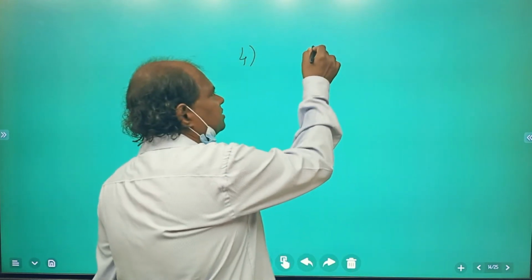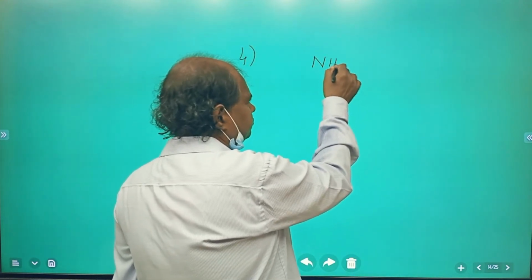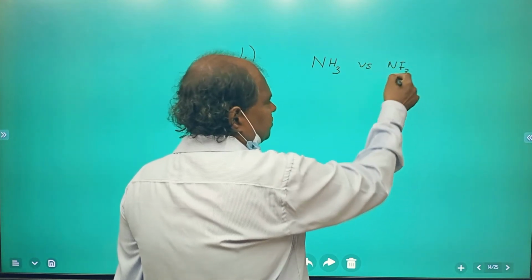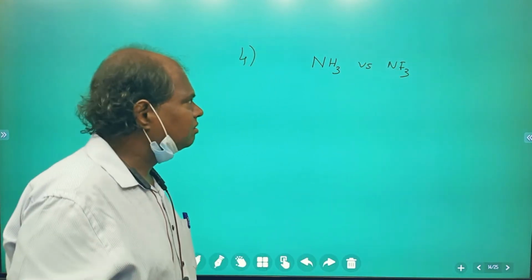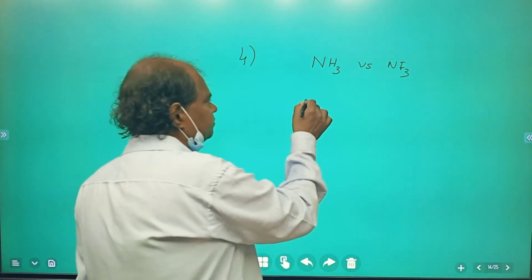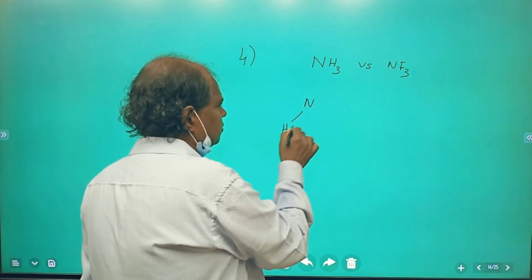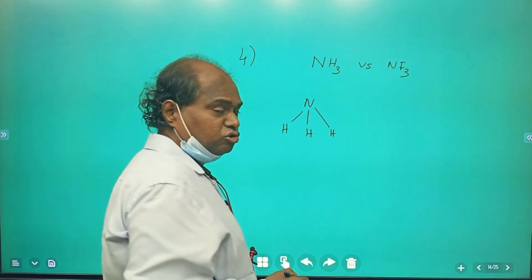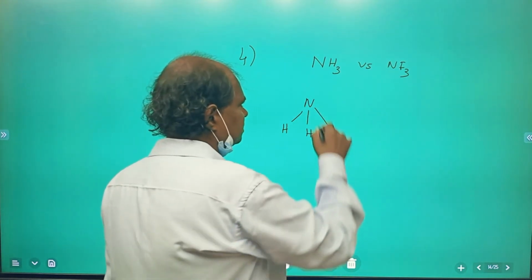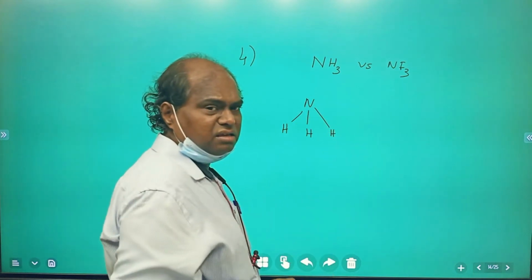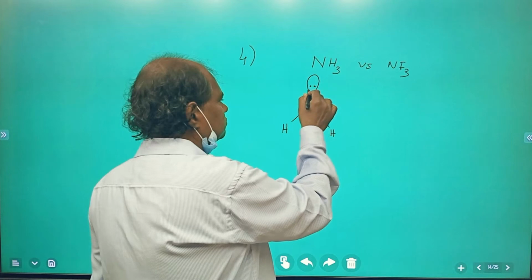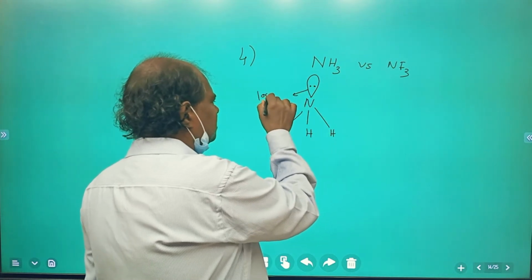Now again another good example, NH3 versus, students, NF3. If you see NH3 versus NF3, okay. You should know the vectors, like better, physics I will tell you. This is NH3, right? There is a lone pair here, right?